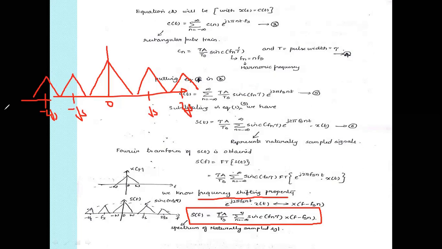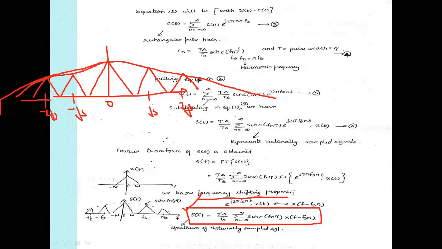After sampling, the spectrum of the natural sample follows the sinc function; if you join all the amplitudes, it decreases like this. Got it, my students? It is a practically possible condition.